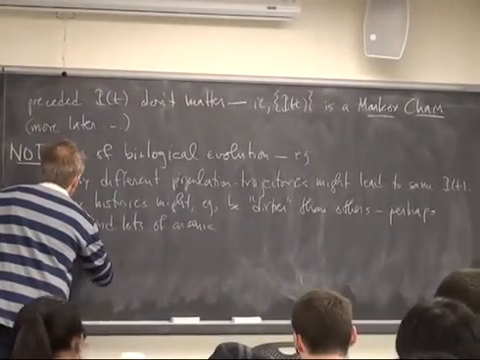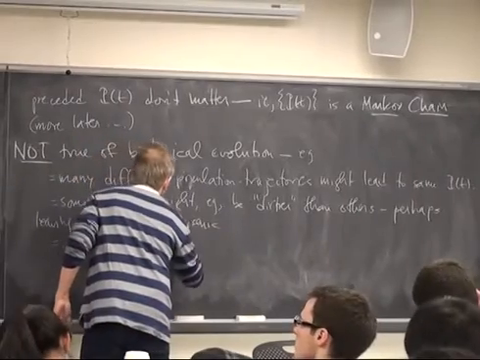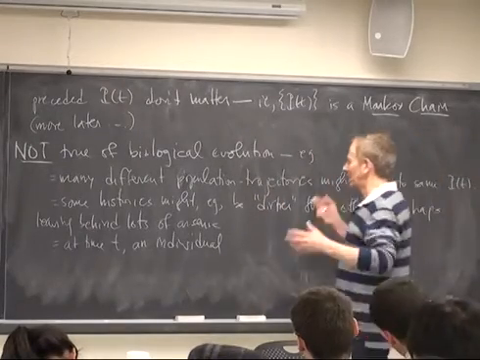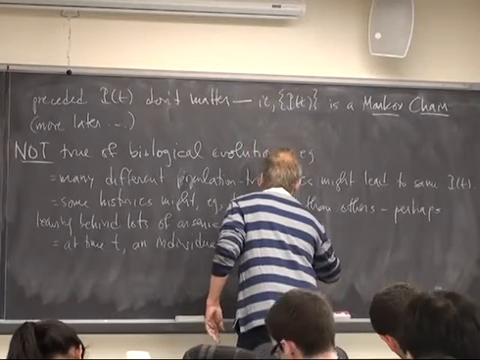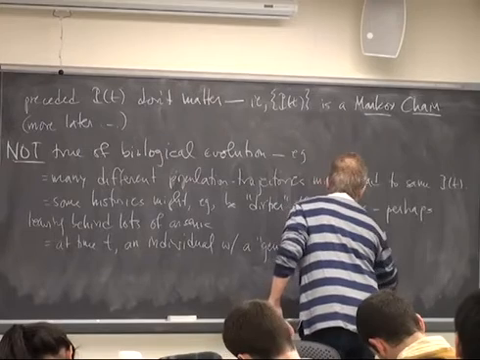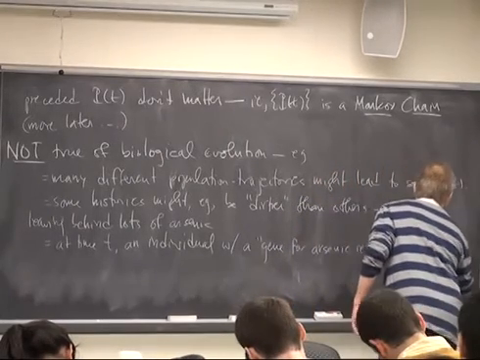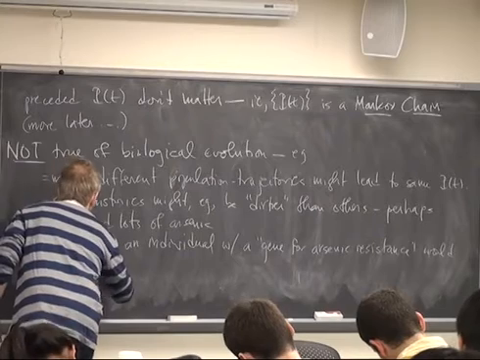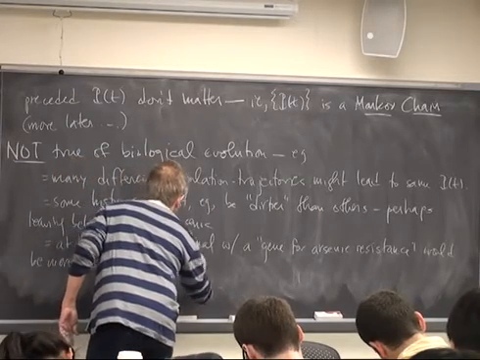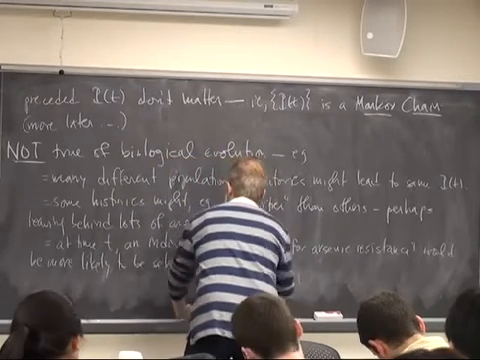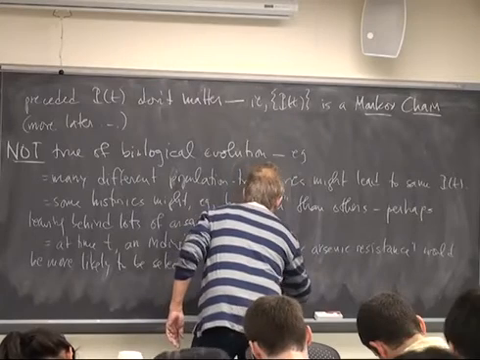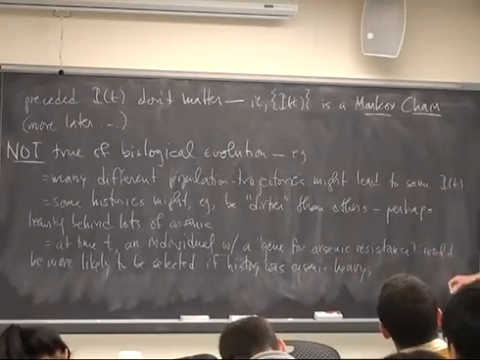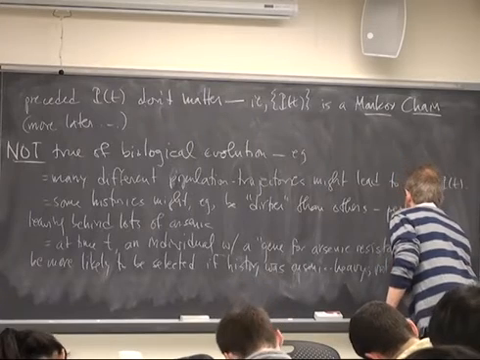So at time t, an individual, and I'm being really abstract here, remember, we don't even know what a gene is, we don't know what a trait is, but I'm going to talk about them as if we did, an individual with a quote-unquote gene for arsenic resistance would be more likely to be selected if the history was arsenic heavy, but not if the history were not arsenic heavy.